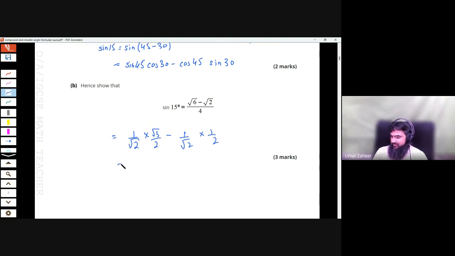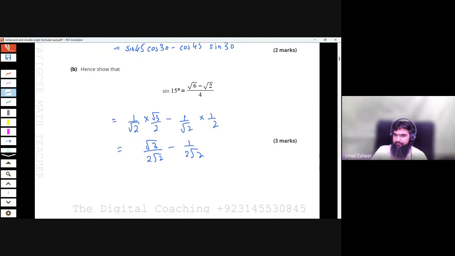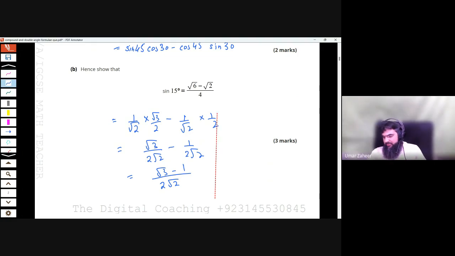So if you simplify them, it is root 3 divided by 2 root 2 minus 1 over 2 root 2. Denominators are the same, so we take the LCM, and that is root 3 minus 1 divided by 2 root 2. Look here, this is not equal to the right side. So here we have to make the sides equal as well. For that purpose, I'm going to do the rationalization.